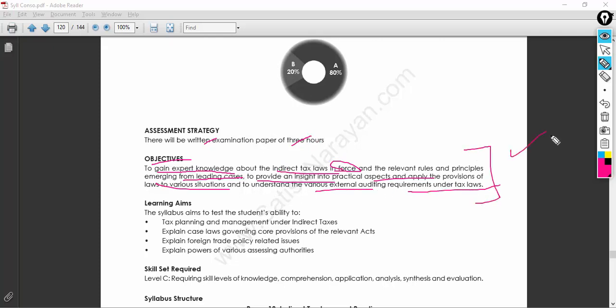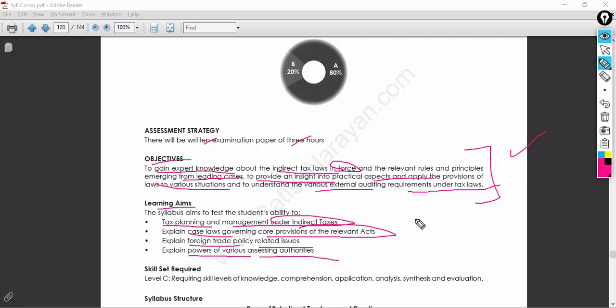Got it? Perfect. So the learning aim is to know tax planning and tax management under the indirect tax laws, and case laws governing core provisions of the relevant acts, foreign trade policy related issues, and power of various assessing authorities.